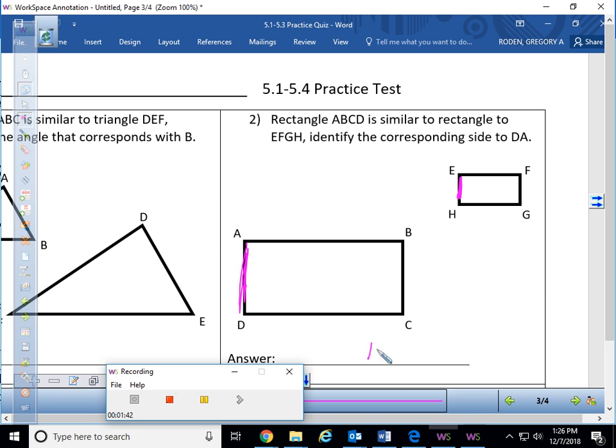And I'm going to show it's a side by putting an H and an E and put a line over it. And if you notice back here on the other problem, I said this is angle E. So you want to make sure you have the correct symbols for angles and sides. And we will mark you off if you don't put the correct symbols here. So this is the angle symbol, this is the side symbol.